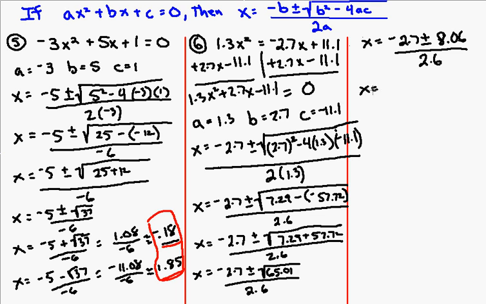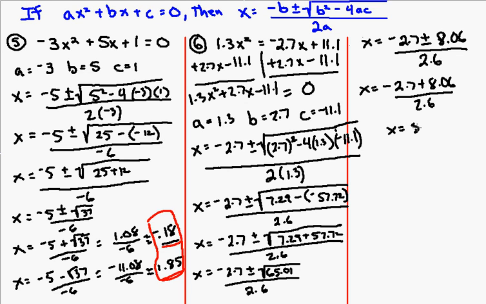We have x is equal to negative 2.7 plus 8.06 over 2.6. So if I add negative 2.7 and 8.06 together, I get 5.36.